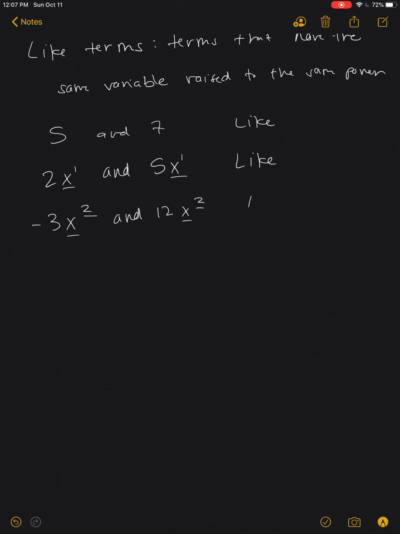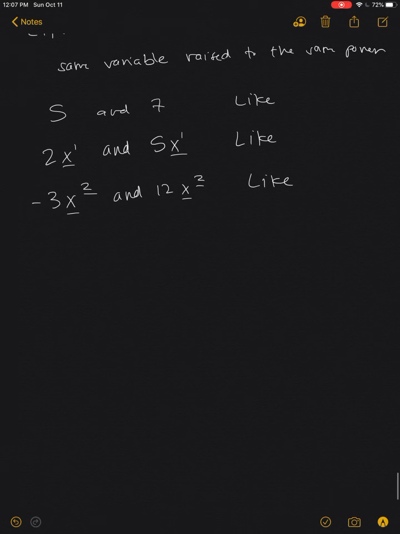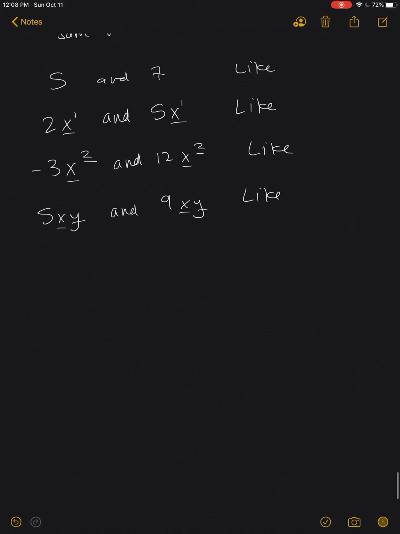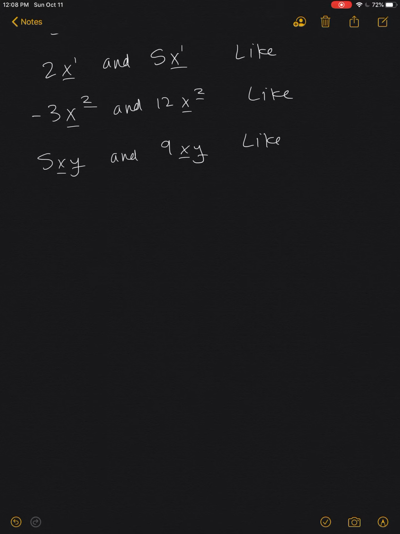Again, they both have the same variable to the same power, right? So these are like terms. This is a little bit trickier because now you have multiple variables, but if you look, both of them have x to the first power, both of them have y to the first power, so these are like terms.